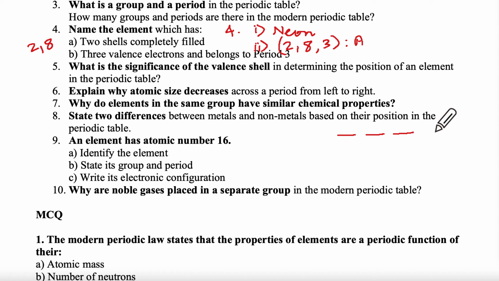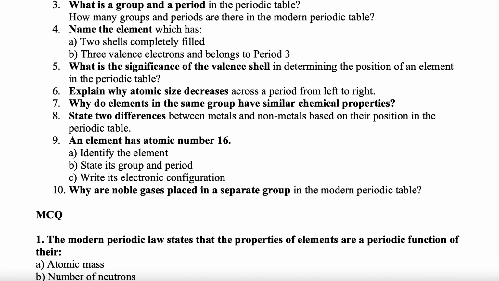Did you understand how I did it mentally? The mnemonic comes in easy. So you have to remember according to the position in the periodic table. What is the significance of valence shell in determining the position of an element in the periodic table? What does the valence shell tell you?